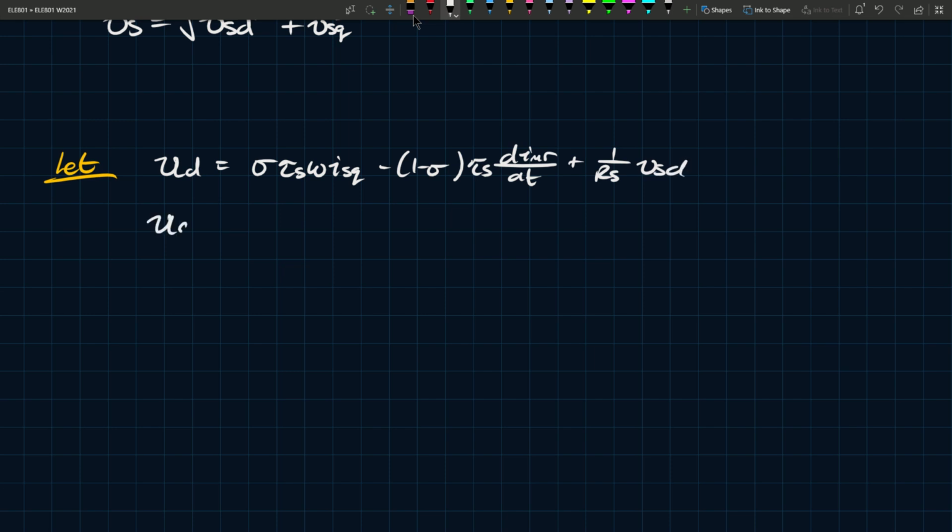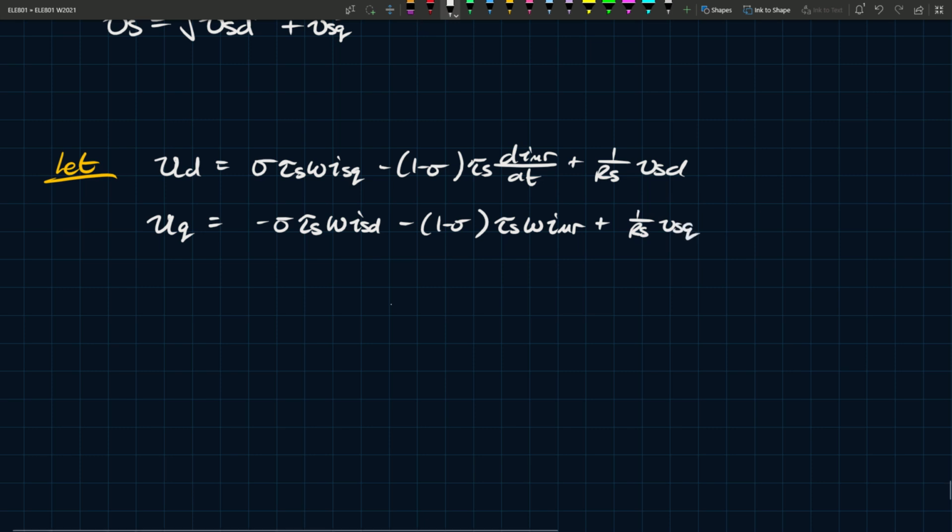And we'll let another variable UQ equal minus sigma tau S omega ISD minus (1 minus sigma) tau S omega IMR plus 1 over RS VSQ. Okay, now we have this.